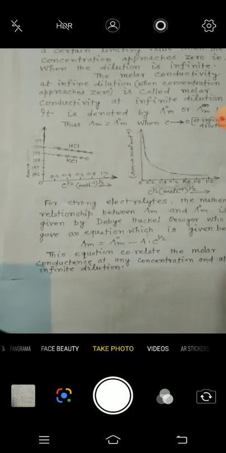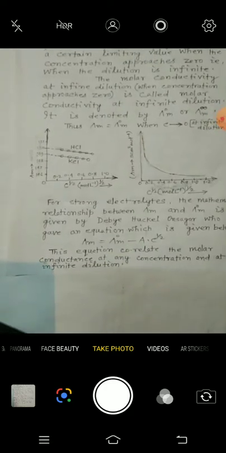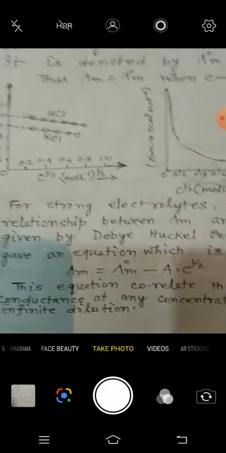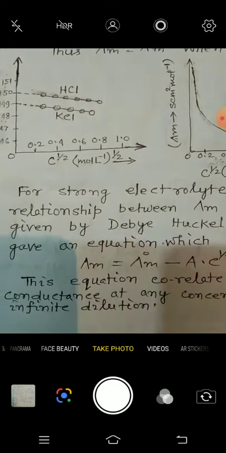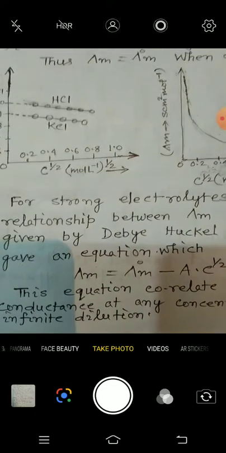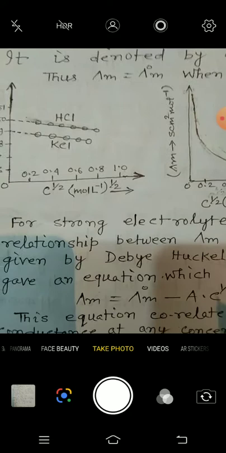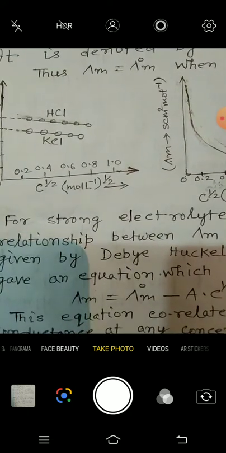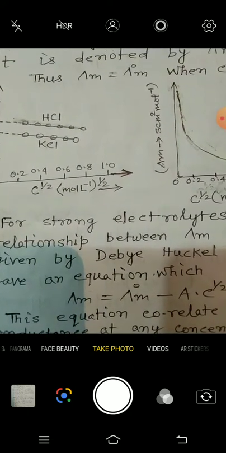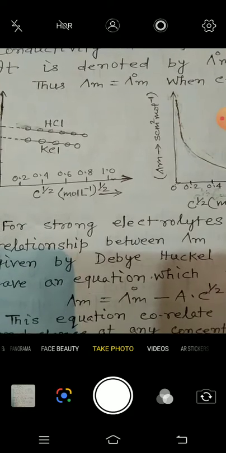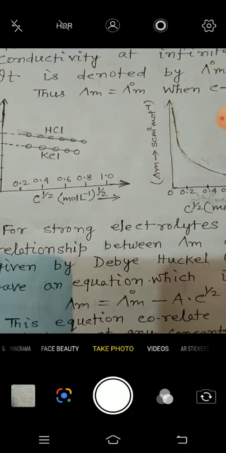In the previous class of electrochemistry, I taught you the variation of conductivity and molar conductivity with concentration.